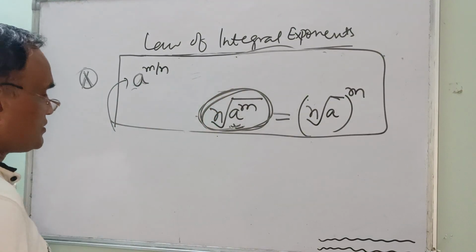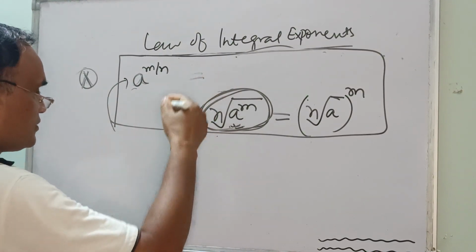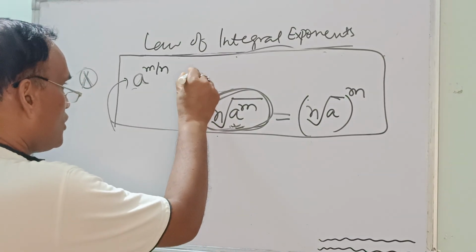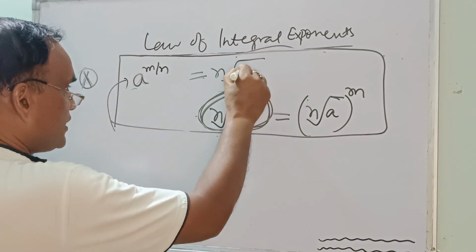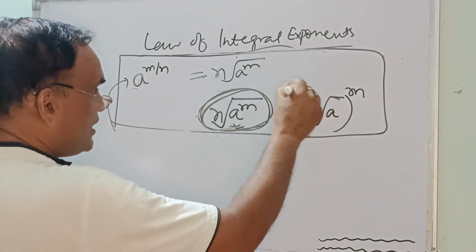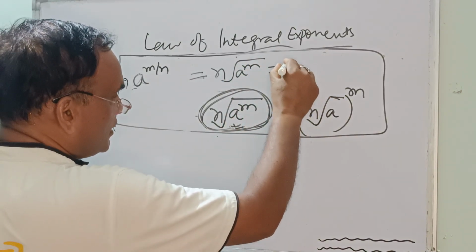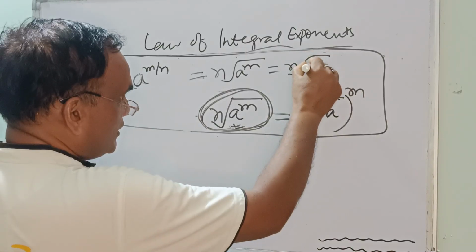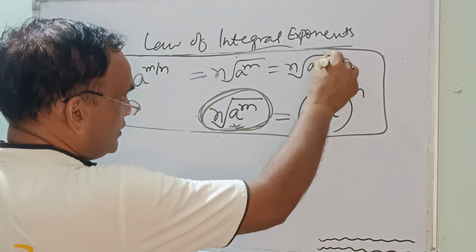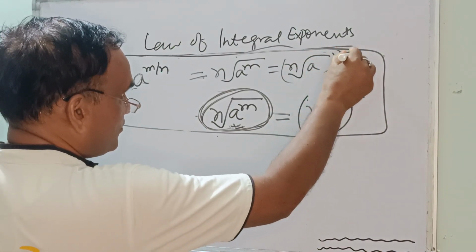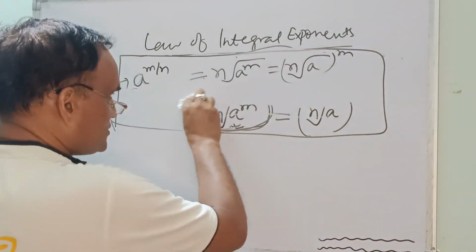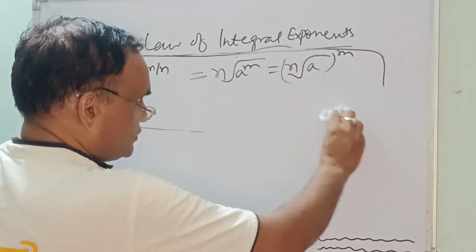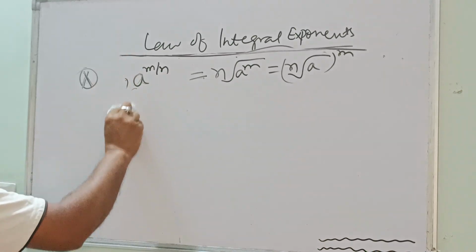How can you write it in this fashion? The nth root under a to the power m, and I have written the nth root under a with the bracket power m. So I will clear this. I promise. Now, see why I have written it.